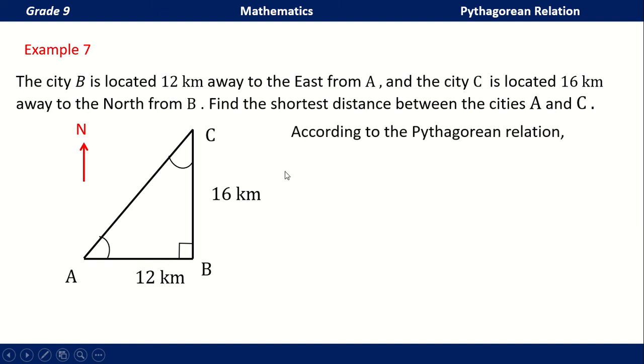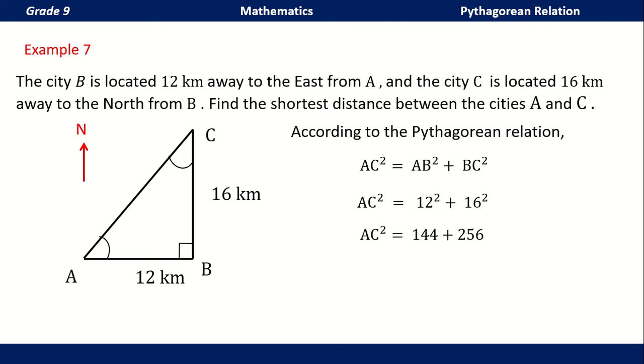Since it is a right angle triangle, we can write the Pythagorean relation like this: AC squared equals AB squared plus BC squared. So then AC squared equals 12 squared plus 16 squared. So we can write AC squared equals, 12 squared is 144, plus 16 squared is 256.